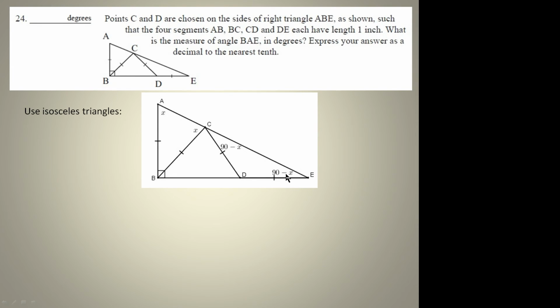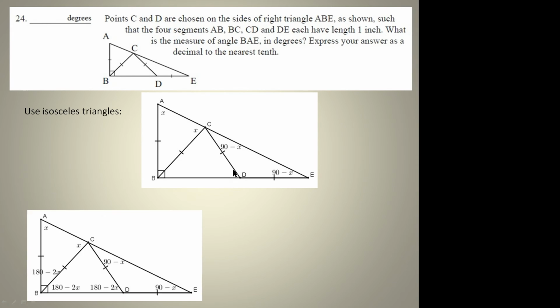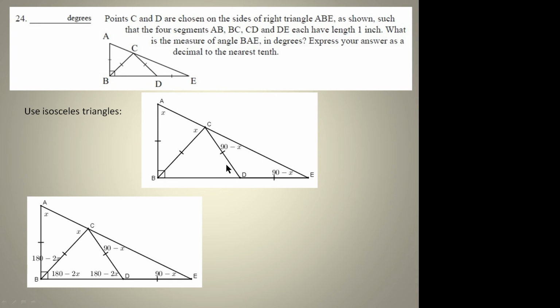Look at here. This is also an isosceles triangle. So if this is 90 minus x degrees, this angle is also 90 minus x. And can we find this one?